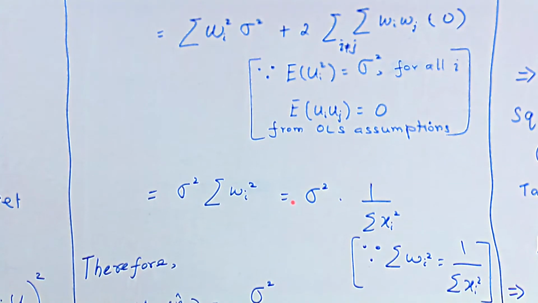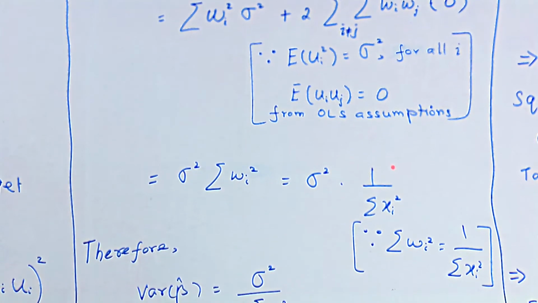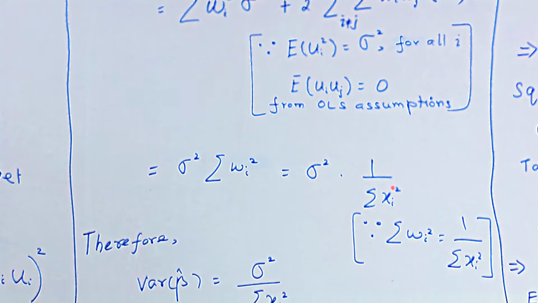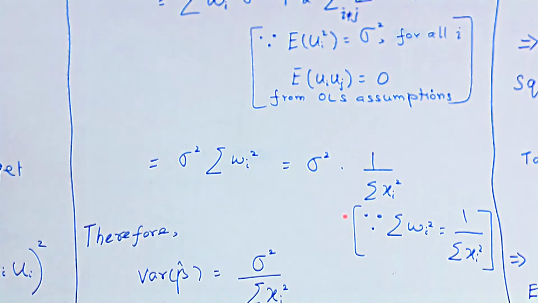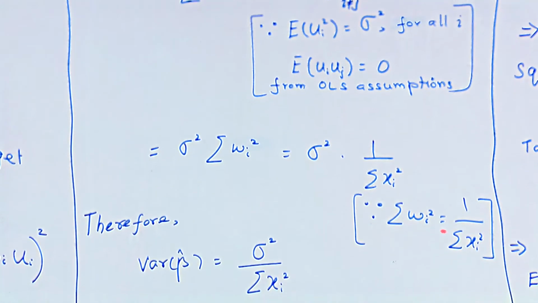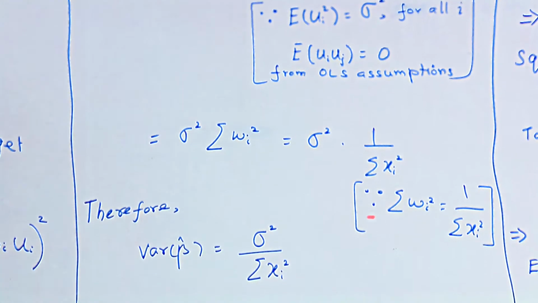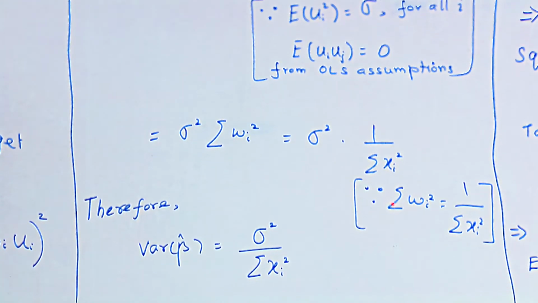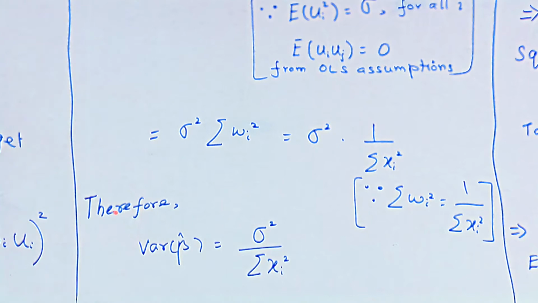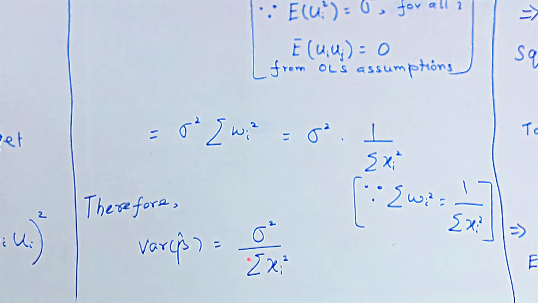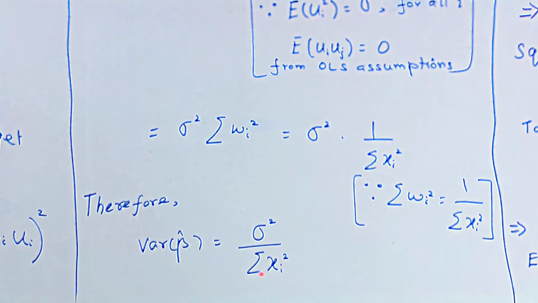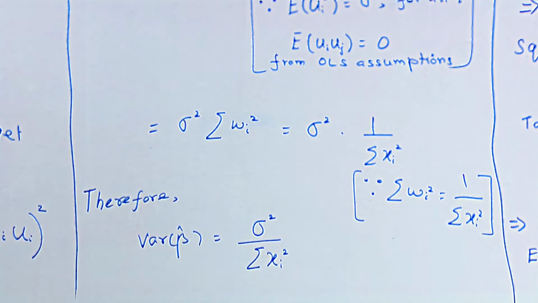This is equal to sigma square into 1 by sigma xi square. This value we derived in module 9. Therefore, variance of beta hat is equal to sigma square divided by sigma small xi square.